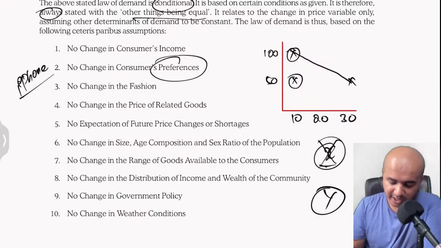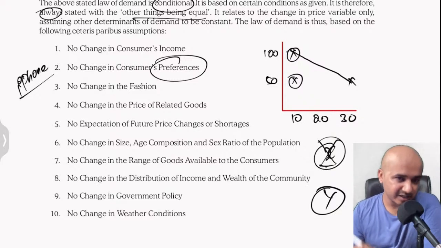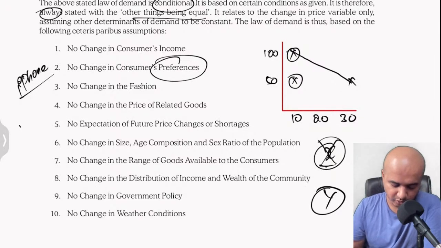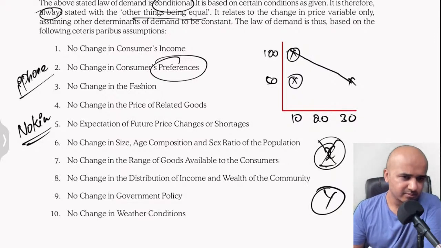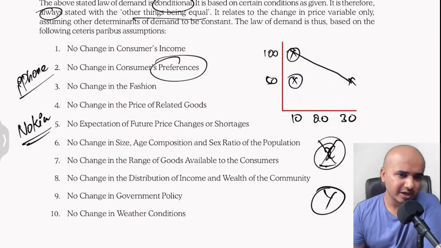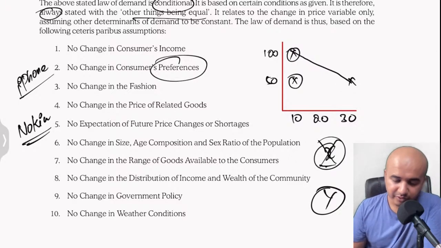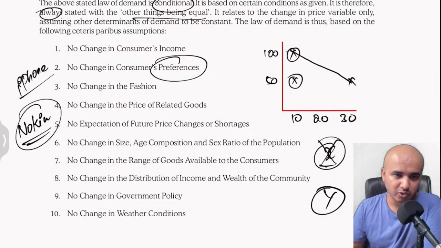So now, let's assume for a second that Nokia, the erstwhile mobile champion, comes back with a totally new phone with a totally new operating system, which is far better than the iPhone. Now, in such a situation, even if the price of Apple's iPhone comes down, people may not buy that because now we have a new champion, Nokia.